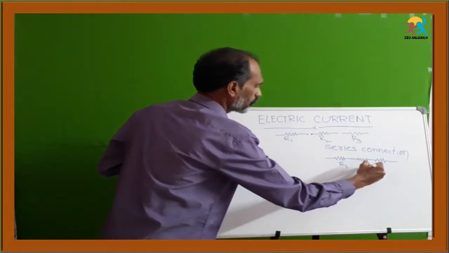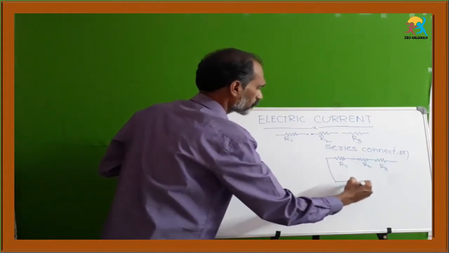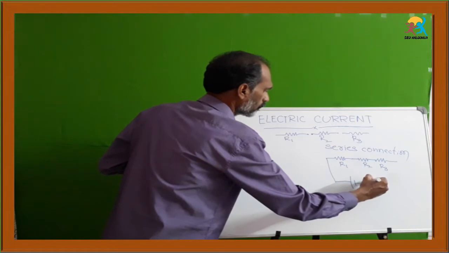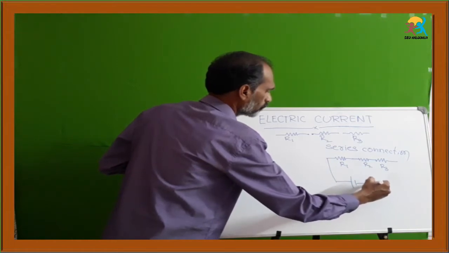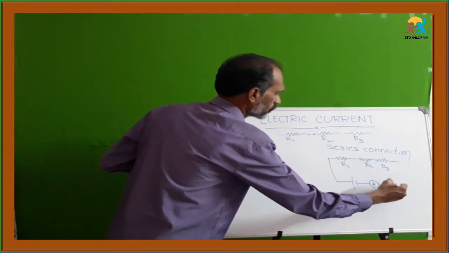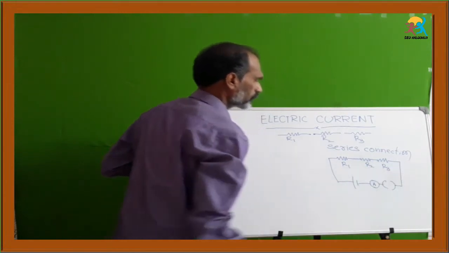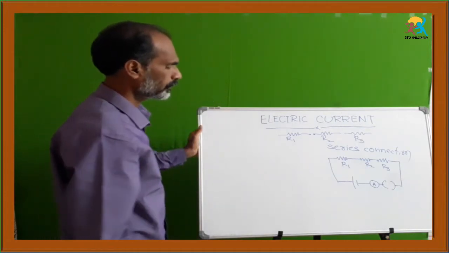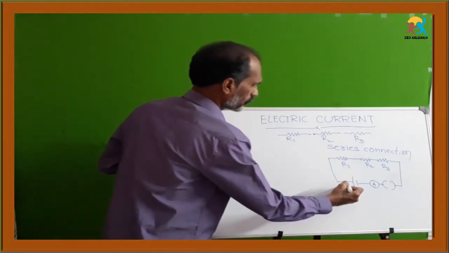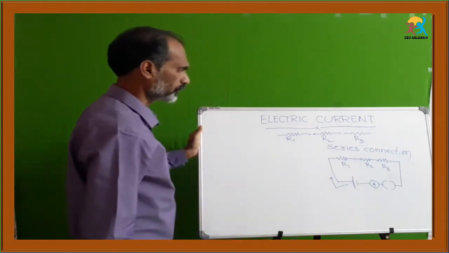R1, R2, R3. All these are connected to a battery, ammeter, switch and the resistor R3. Okay, electric current moves in this direction because this is the positive terminal.